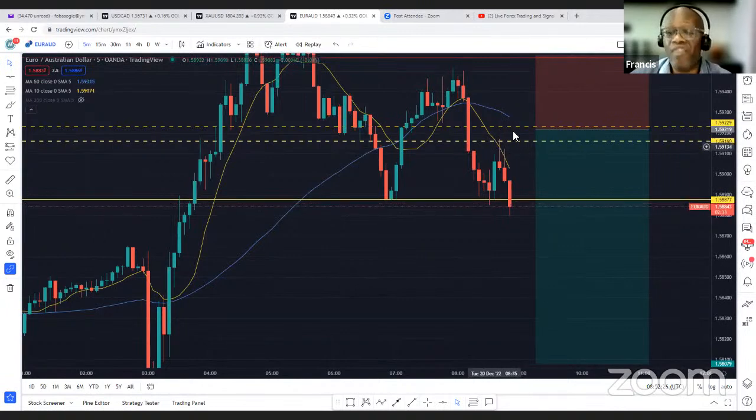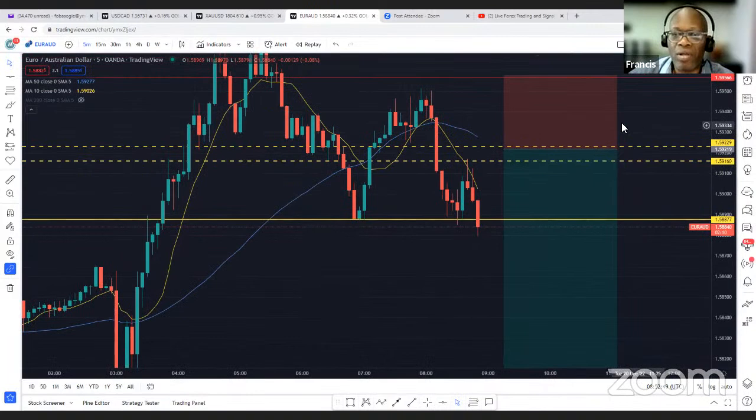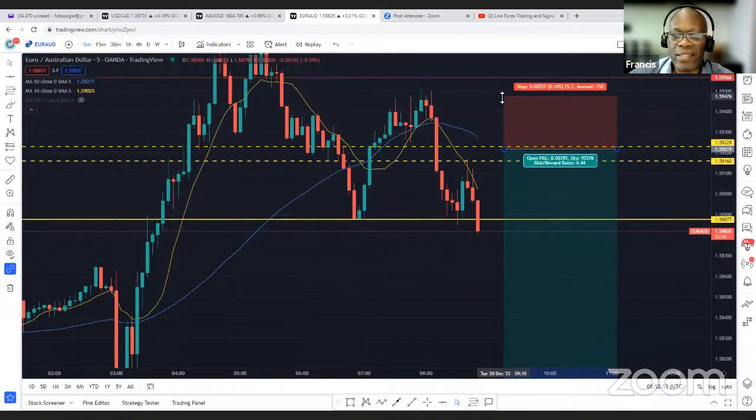So it has now confirmed that, yes, that's an area where, like I said, I could have entered there because I sensed that's going to be an area of rejection. I could have just entered, but I waited for more confirmation. So we now want to see it come and close below here, and then we would enter and move our stop loss. So we'll be risking less.